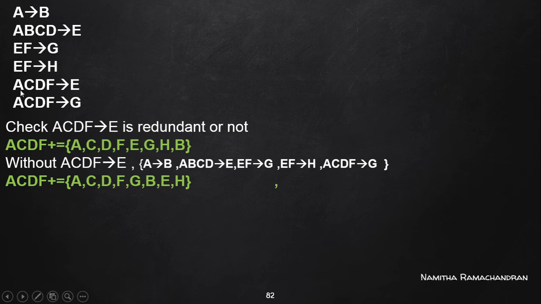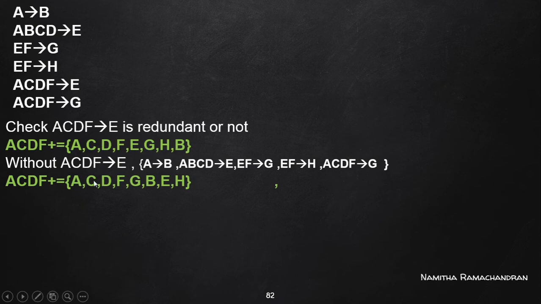Okay, so after removing this ACDF implies E from the set, using the remaining dependencies, calculate the ACDF closure again. The closure is like this: ACDF, G, B, E, H. ACDF directly, and A can derive B also.